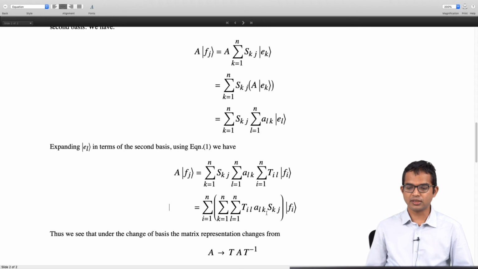What is happening is, we started with the representation Aij, but now you can see that this is the new representation for the same operator A. This is what we're interested in. What A does to Fj must be written in terms of the same basis. That will give you a set of coefficients which will give you another matrix. We can call it Aij tilde if you want.